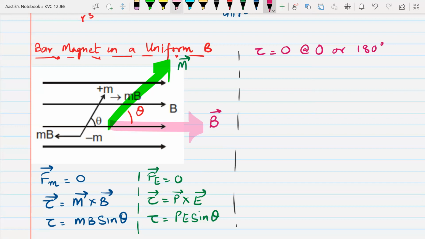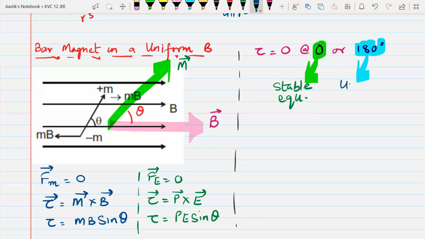The 0 degree angle is known as the condition of stable equilibrium, and the 180 degree condition is known as unstable equilibrium. Have you heard these terms, stable and unstable equilibrium? Yes, sir. Shabash. Stable equilibrium, unstable equilibrium.